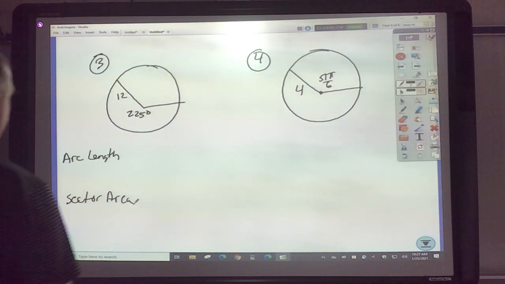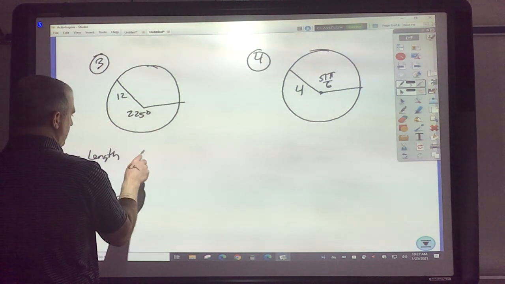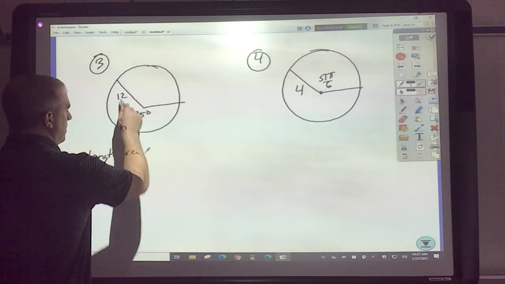Arc length is going to be equal to that times that.